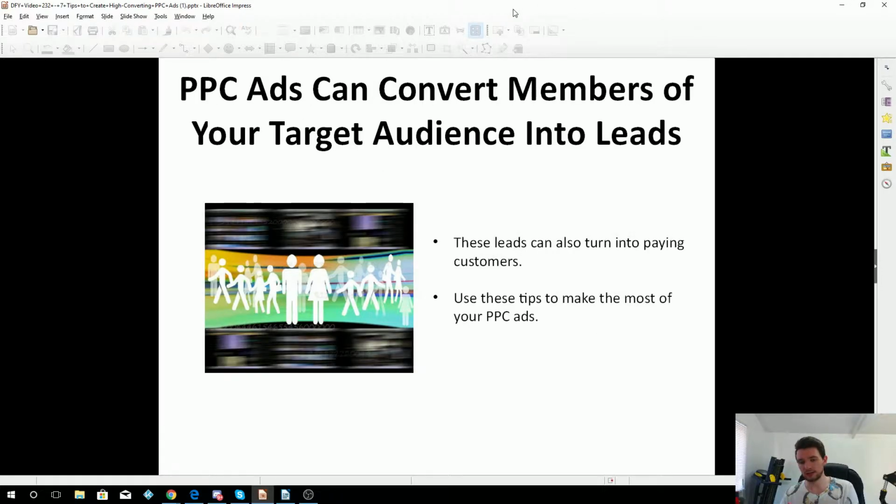So lastly, a couple of final touching points. Pay-per-click ads can convert members of your target audience into leads. Always remember that. Always remember that whoever you're getting, even if it's just a lead, even if they're just signing up, they can turn into paid customers. It doesn't matter if it's a year from now, 5 years from now.